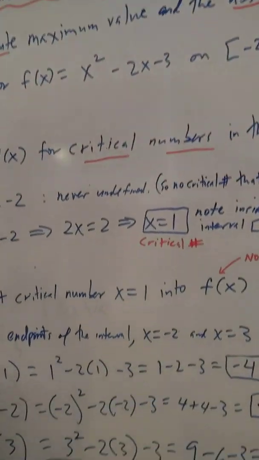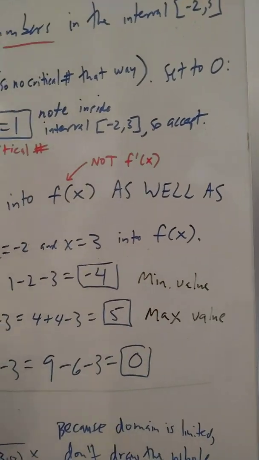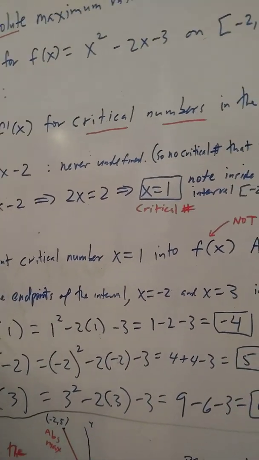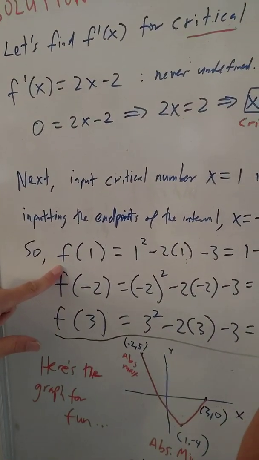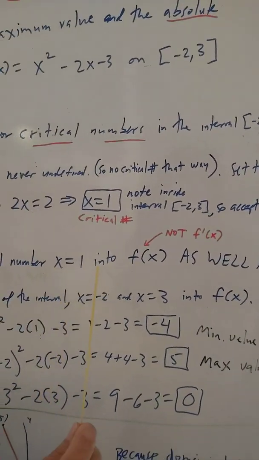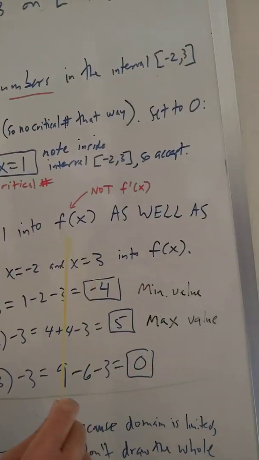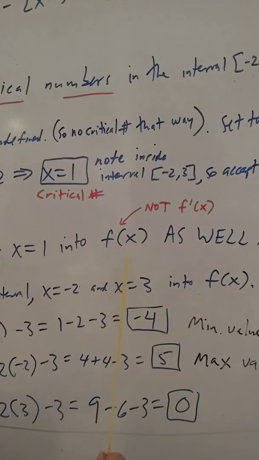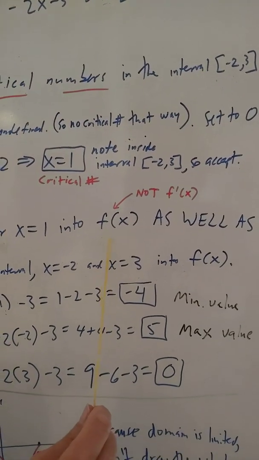We input x equals -2 and x equals 3 into f of x, as well as the critical number x equals 1. Make sure you go to f, not f prime. The most common mistake with this problem is to input them into f prime. But I want to see the points on the graph of f, which is the maximum point and which is the minimum point. So you go to f.